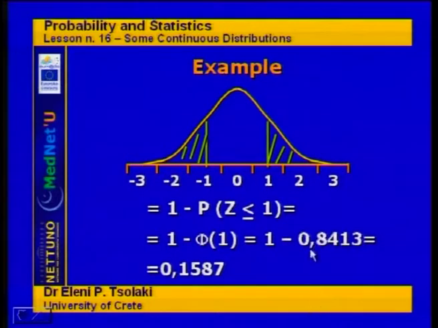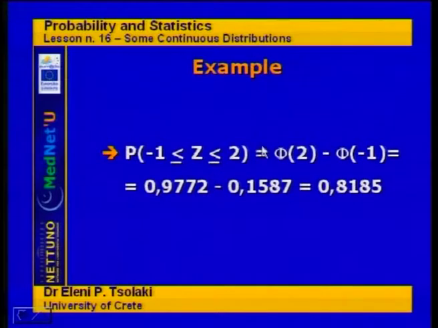And to answer the question of what is the probability of z being between minus 1 and 2, we take the two probabilities we have calculated and we find that the probability that z is between minus 1 and 2 is 0.8185.